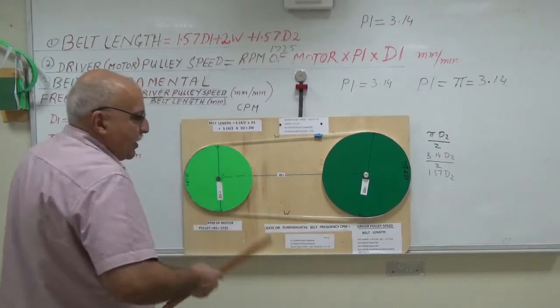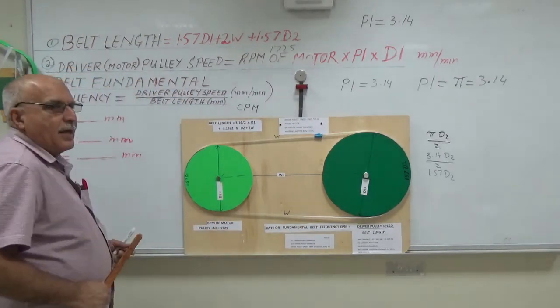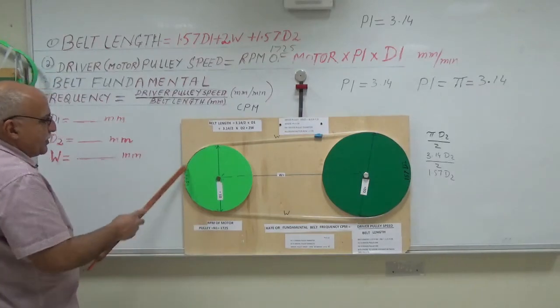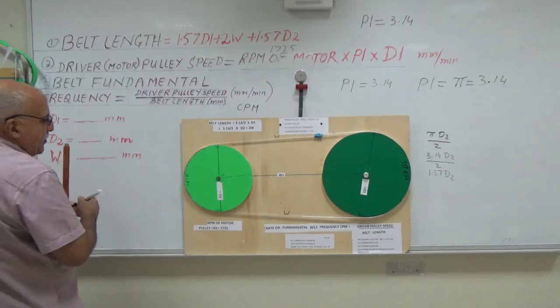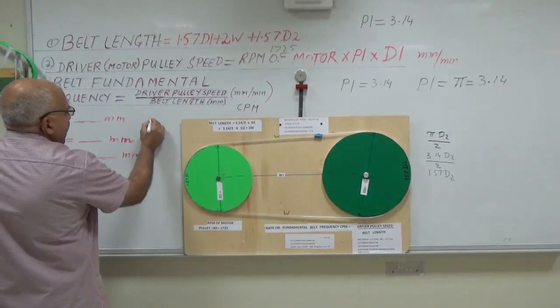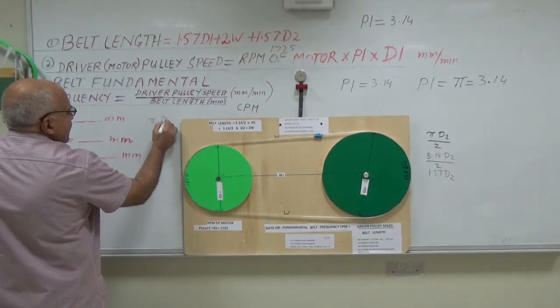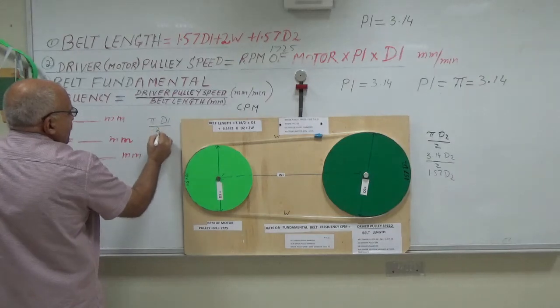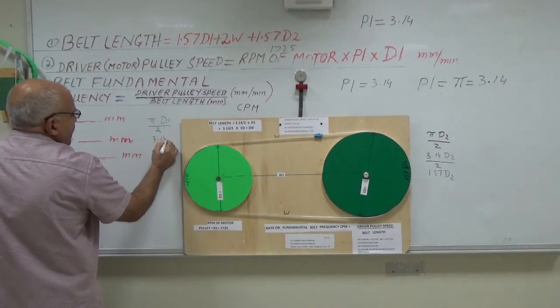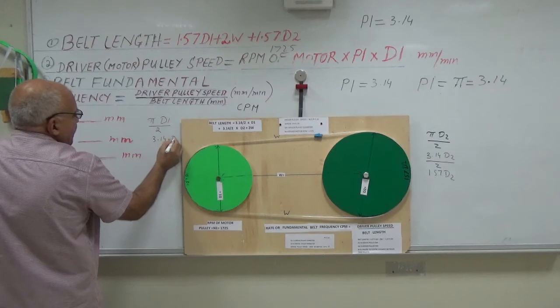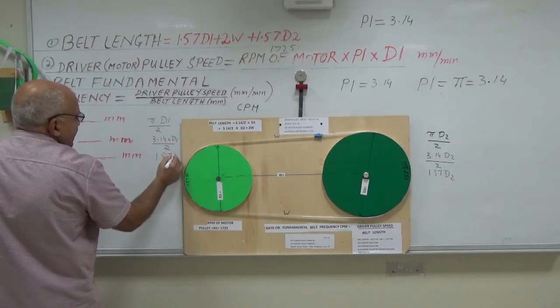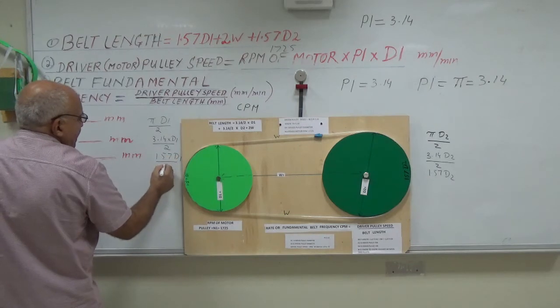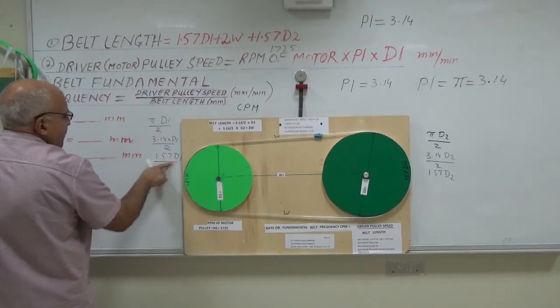So now we will calculate the belt length. From here to here is 1.57 d1. What is this? Pi d1 divided by 2, 3.14 multiplied by d1 divided by 2. This will become 1.57 d1.